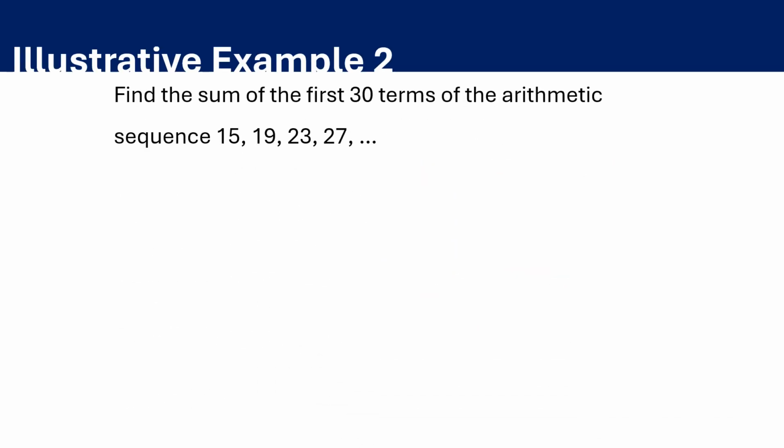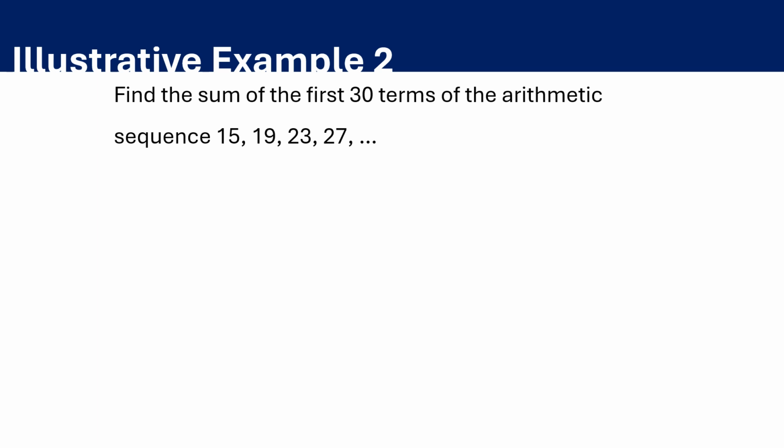Now, how about if the last term is not given? Find the sum of the first 30 terms of the arithmetic sequence 15, 19, 23, 27, and so on. As you noticed, the given sequence does not have the end term. But we know that we're looking for the sum of the first 30 terms of this sequence.